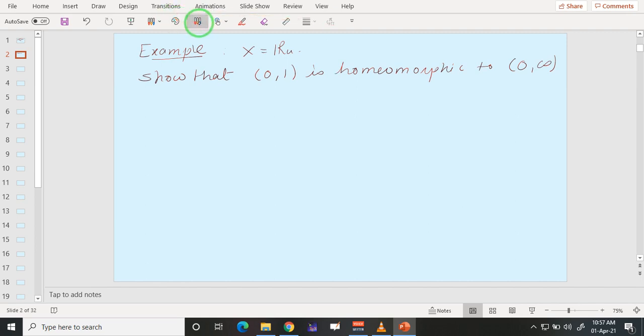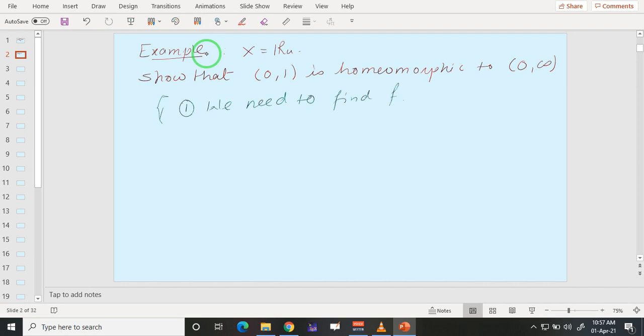That means what are the things we need to show? To show that these two spaces are homeomorphic, we first need to find the function f.